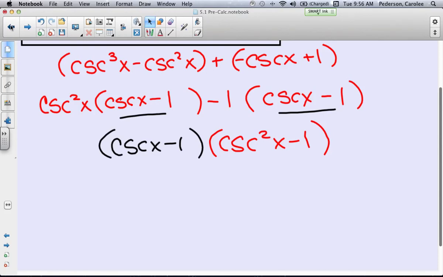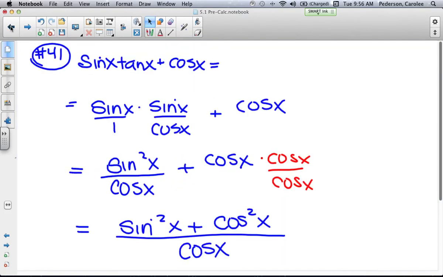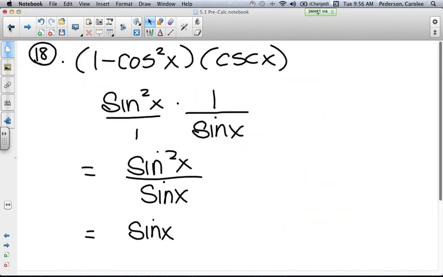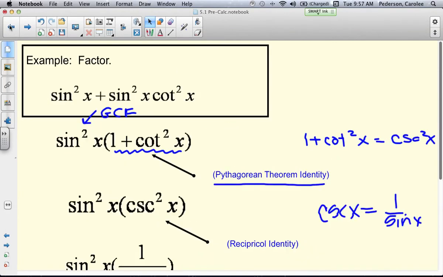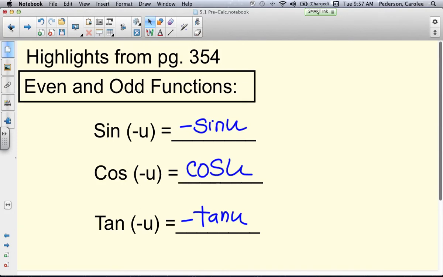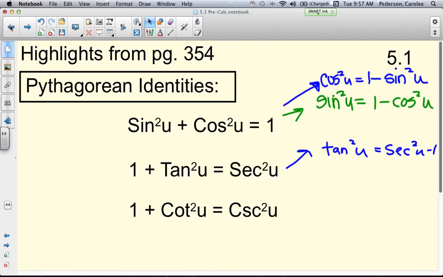Let's go back to the Pythagorean identities again from yesterday. Remember that you may want to rewrite all of these. This one in the bottom, 1 plus cotangent squared of u equals cosecant squared of u.